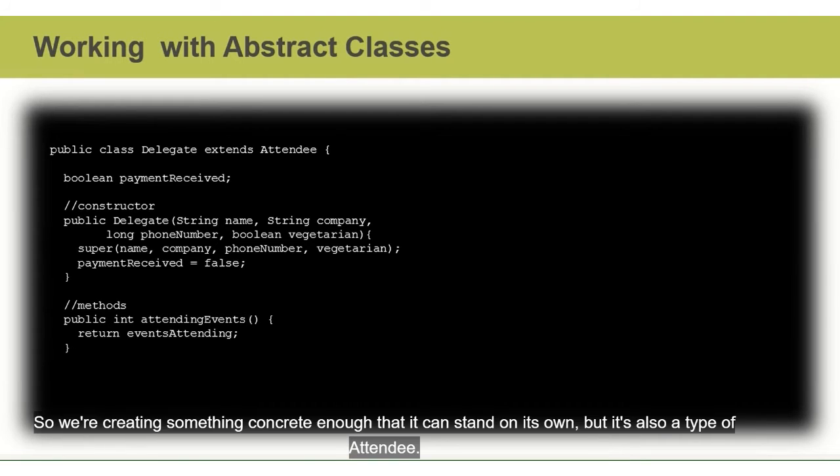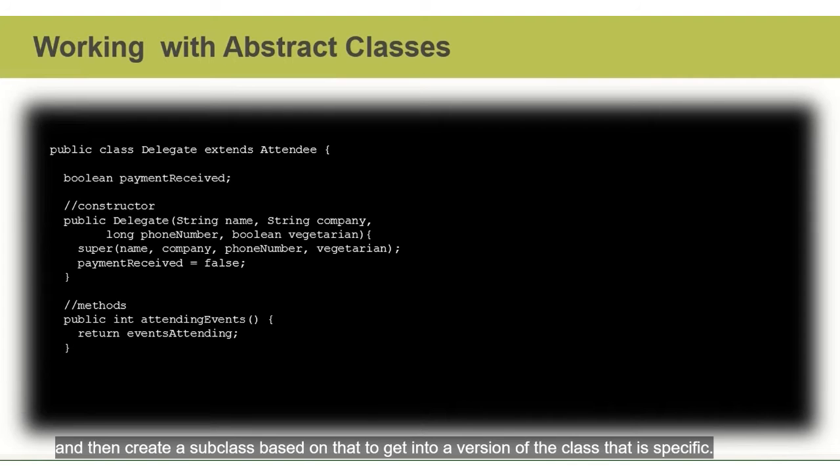So we're creating something concrete enough that it can stand on its own, but it's also a type of attendee. So hopefully this gives you a good idea of how you might use abstract classes to model something fairly general and then create a subclass based on that to get into a version of the class that is specific.